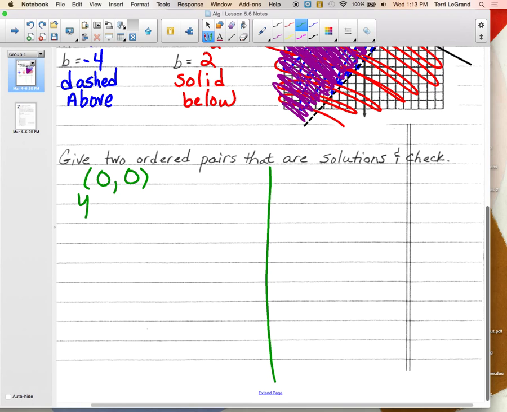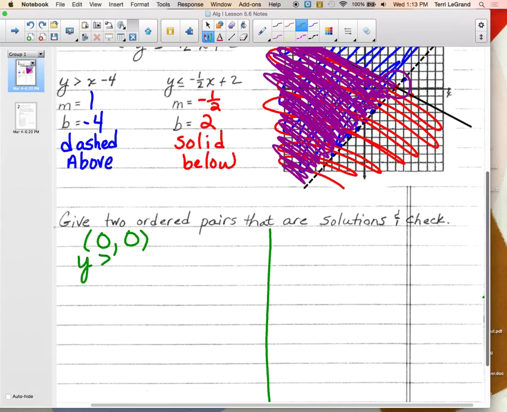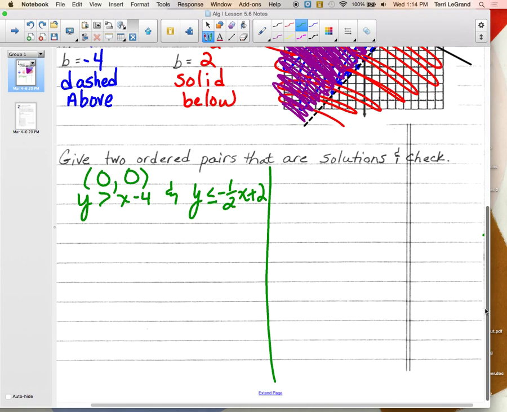So we have, remember, our inequalities: y is greater than x minus 4. And we have to check it in the other one: y is less than or equal to negative 1/2 x plus 2. Did you put zeros in for both your x's and your y's?